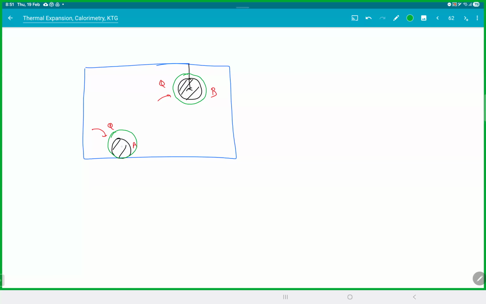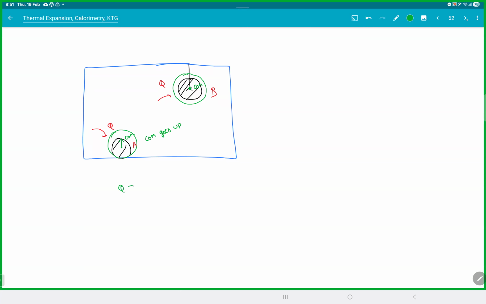The ball on the ground, the center of mass has actually gone up, whereas for the ball on the ceiling, the center of mass is at the same position. That means some of the heat energy is used to increase the gravitational potential energy of the ball. Are you getting this? All the heat energy is not used to increase the temperature. Some of the energy was used to increase the potential energy of the ball.